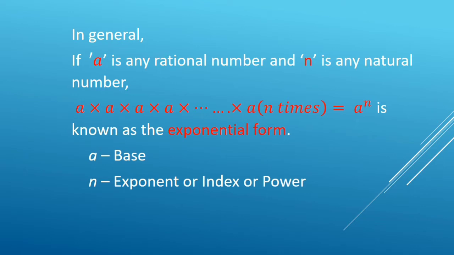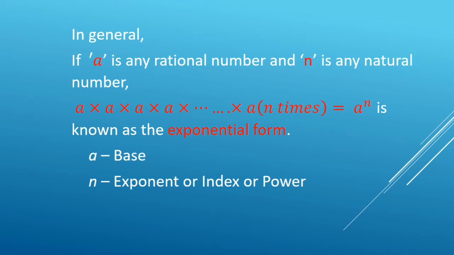Note that the bases and exponents can not only be rational numbers or natural numbers, but also be irrational numbers or real numbers. For example, a base can be either negative or positive, a fraction or a whole number, or an irrational number.